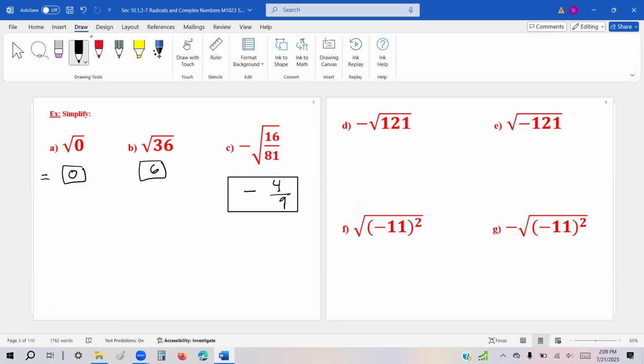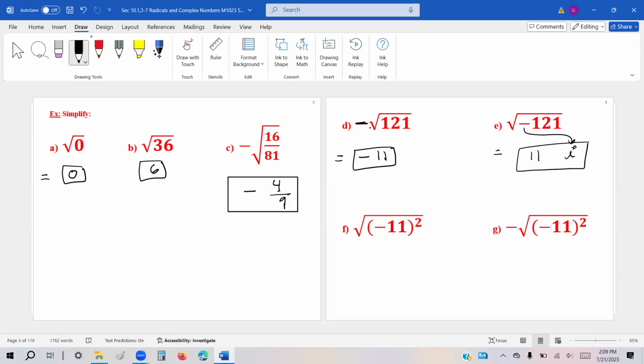If you have a negative square root of 121, what's the answer? -11. Because negative in the front means it's a multiplication, so the sign stays. However, if the negative is inside the radical, because of the negative, it turns into i, and square root of 121 is 11.